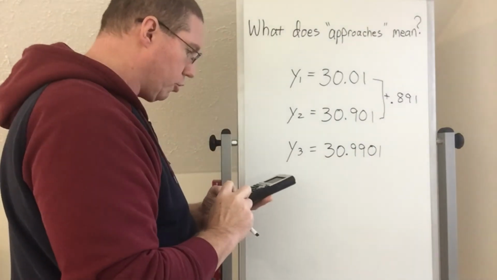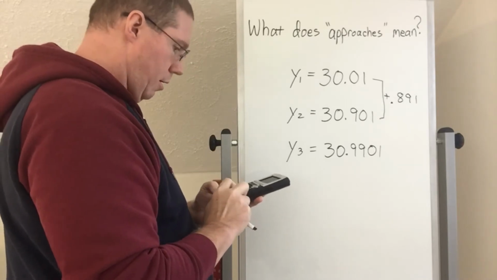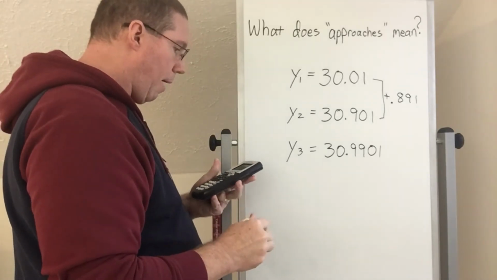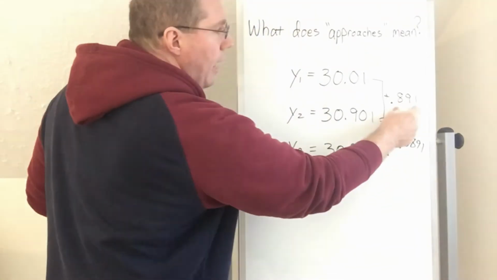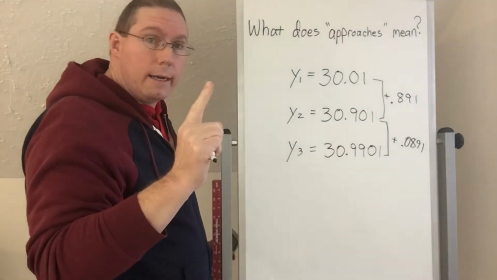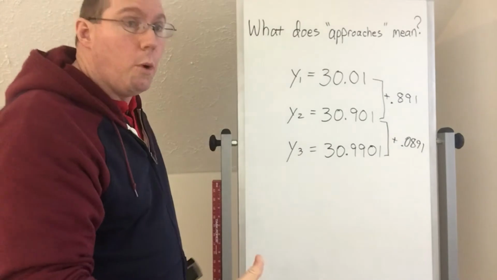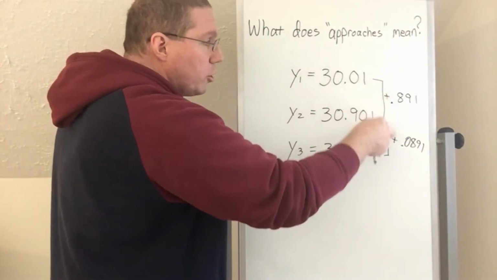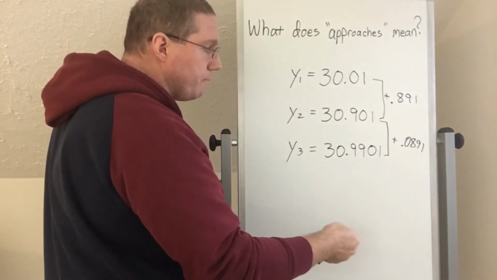So let's see how much it got larger by. 30.9901 minus 30.901, and it got larger by 0.0891. So here, it went up by 0.0891. This 0.891 is almost 1, but 0.0891 is almost 0.1. So this increment is a larger increment than this. So the increments are actually getting smaller.